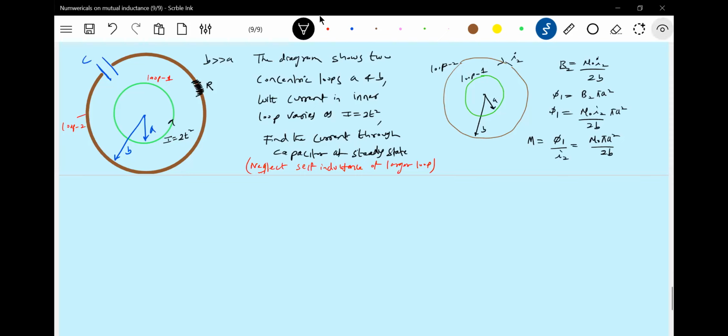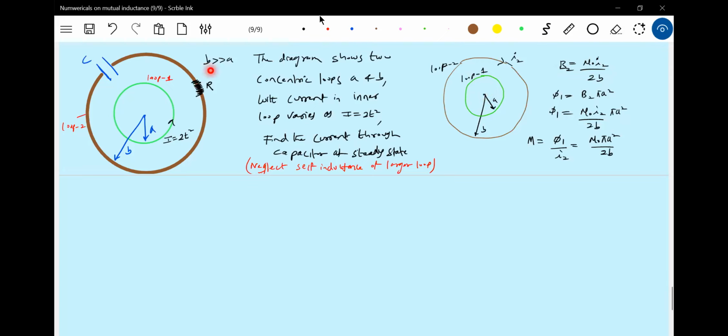Now one question: okay, sir, what is this magnetic field? Can you tell me once? The field strength at the center, but the magnetic field at different points will be different. How come you're assuming the magnetic field everywhere inside the loop to be constant? Because what you found out, this equation, is the magnetic field at the center of the loop, mu naught I2 by 2b. But will the magnetic field be the same everywhere?